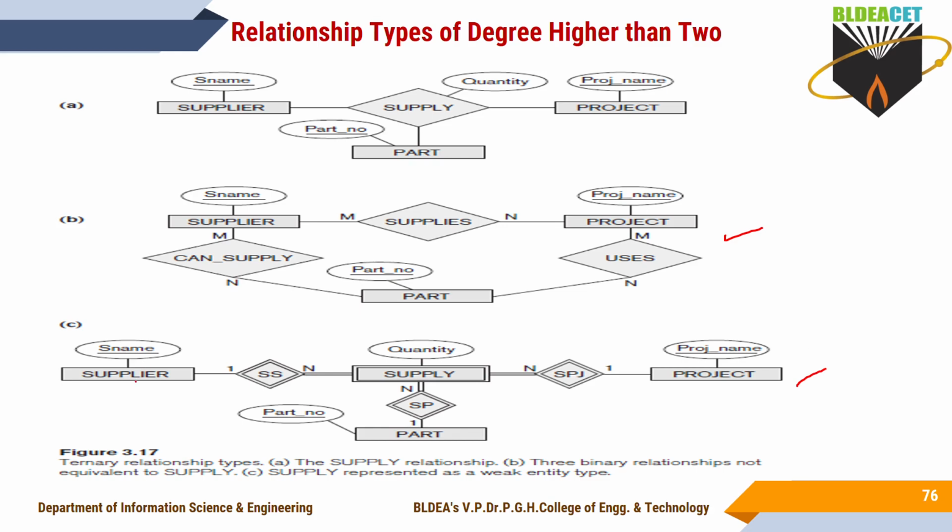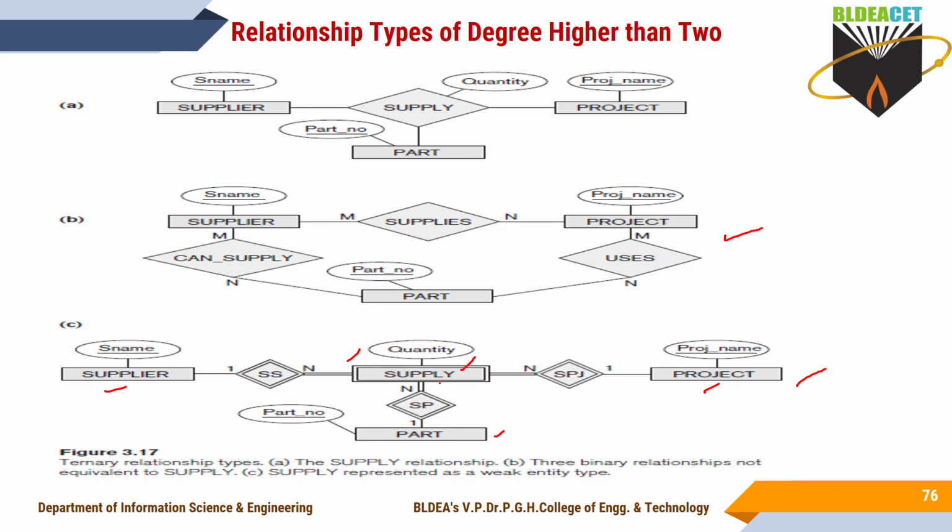If I take it like this, supply is the relationship type which relates supplier, project and part. It is very simple. Here supply is the weak entity type, which relates all the three entity types.